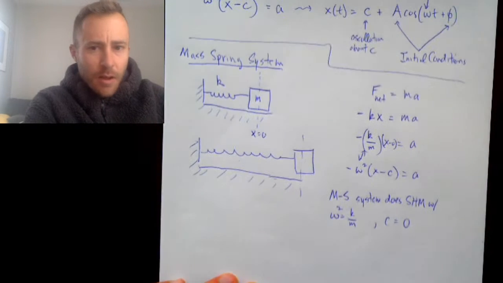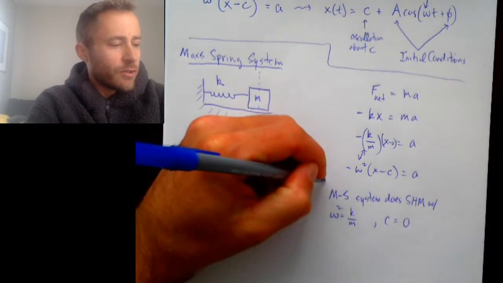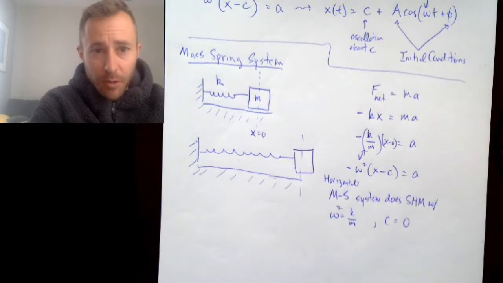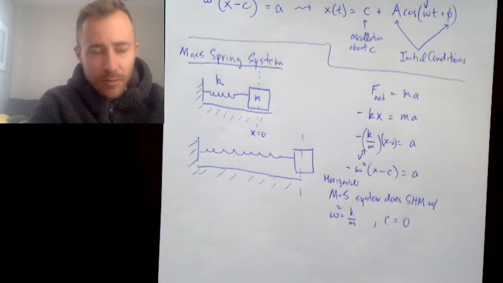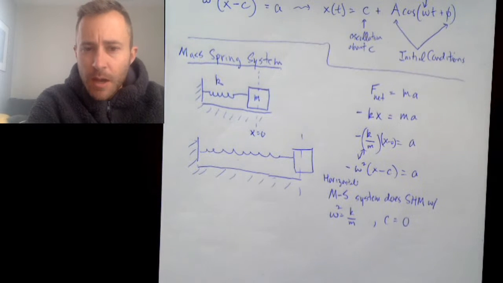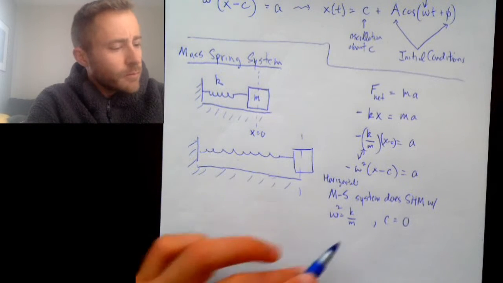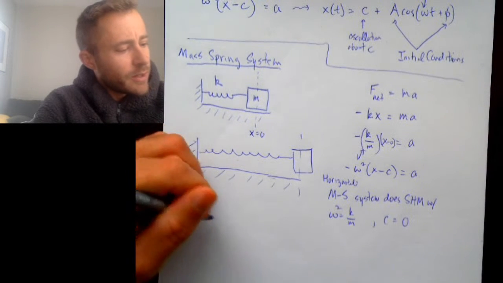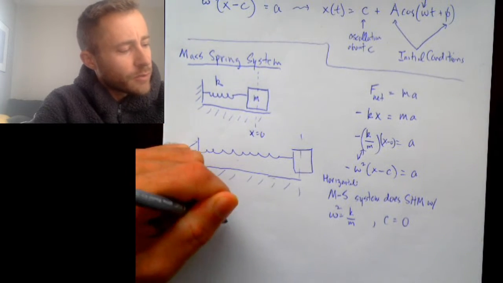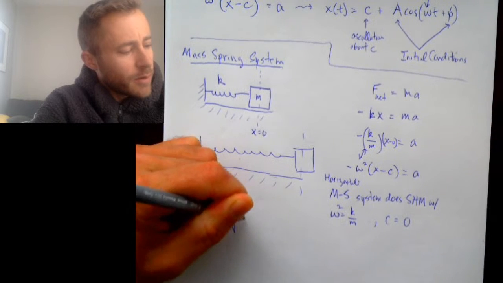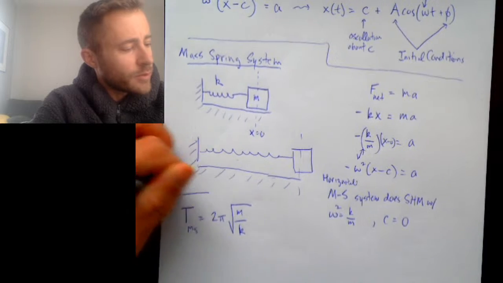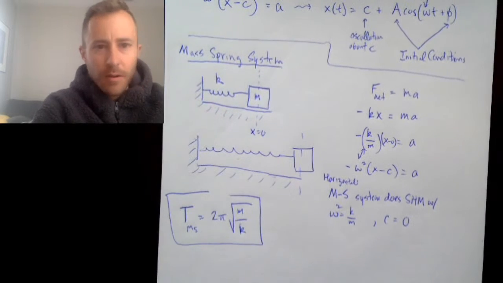All right, and I should say this is a horizontal mass spring system. So we're going to talk about the vertical mass spring system a little bit later on today. In particular, that says that the period is 2 pi square root of m over k. So this is the period of the mass spring system.